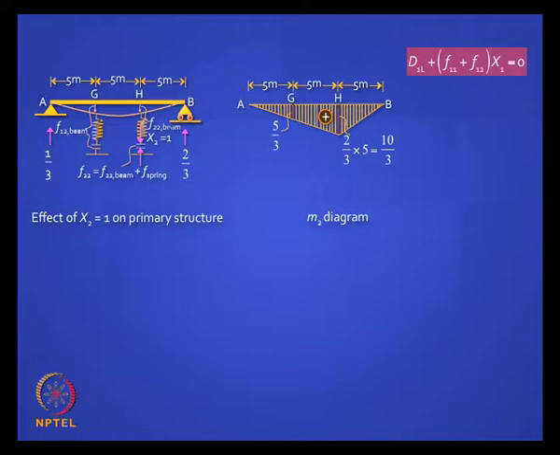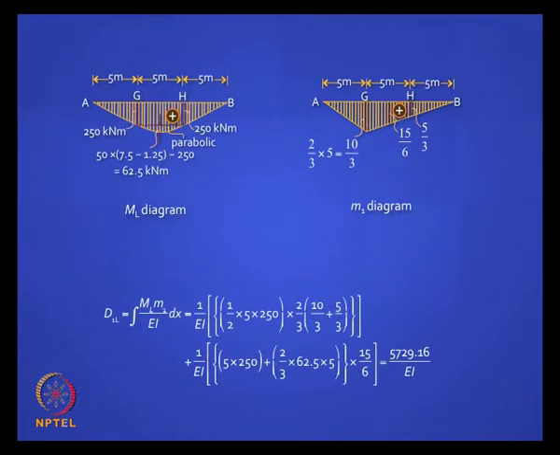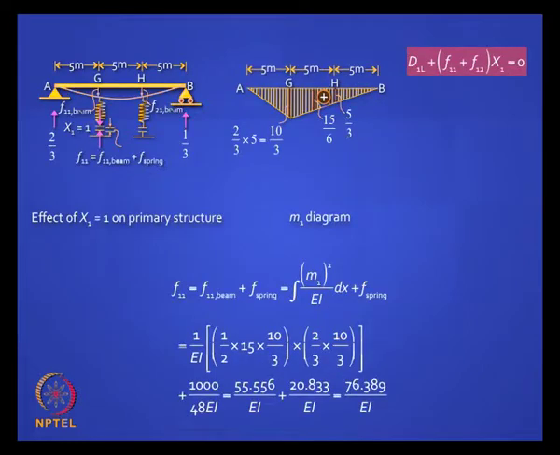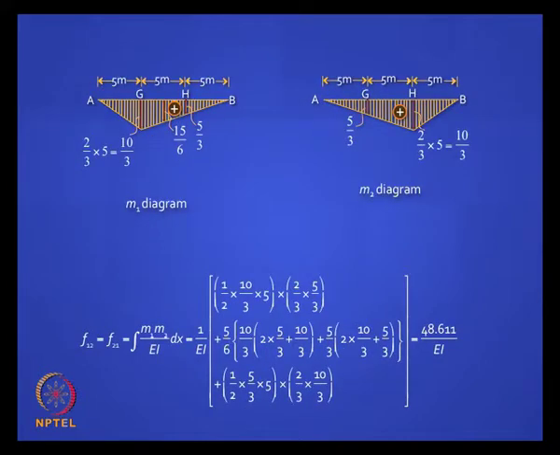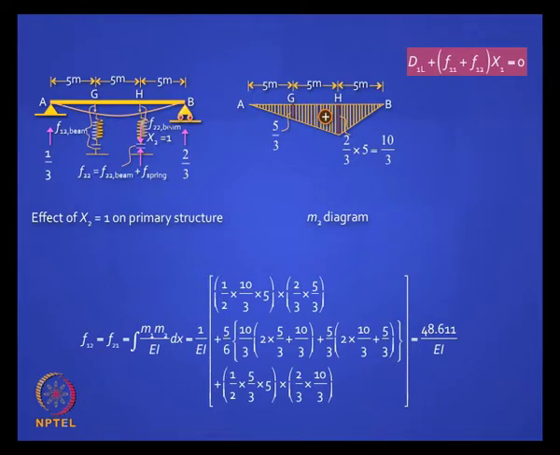So can you not calculate d1L? What is d1L? d1L comes from the product of this diagram and this diagram, okay, which you can work out, it is not difficult. What is F11? F11 is a product of this diagram with itself, F12 is this with this, F22 is this with itself.